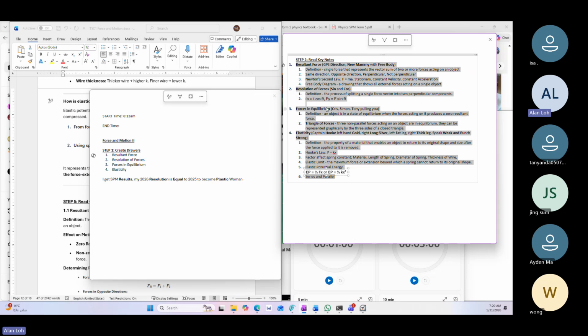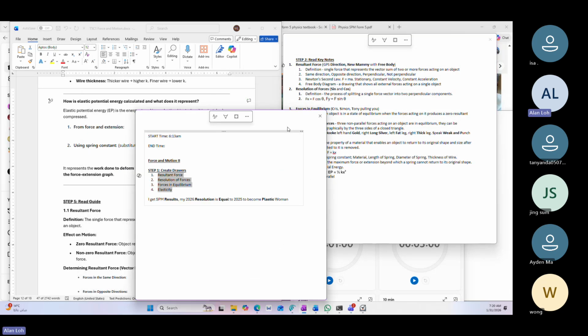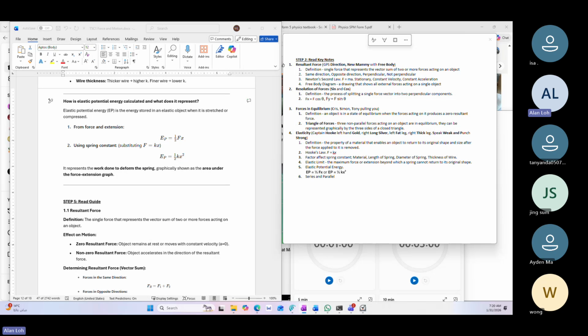I will not say very detailed, but a good understanding of what this chapter is about. There are 4 key drawers, 4 key points that you need to know. And within each of the key points, you have smaller key points that you need to know inside that particular drawer. Okay, let's not talk too much because, like I say, I'm not your typical tuition class teacher who talks 90% of the time.